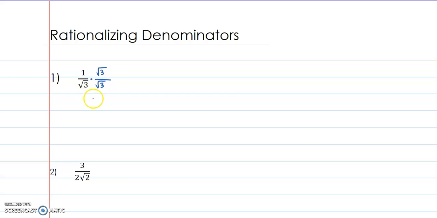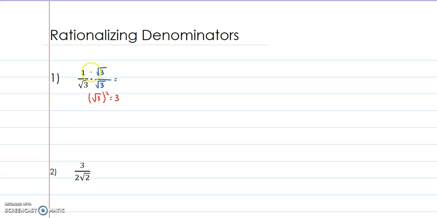And we know that if we have the square root of something and we square it or multiply it by itself, then we actually get what's inside. The square root of 3 squared, well, those are inverse operations, so we just get 3 as an answer.